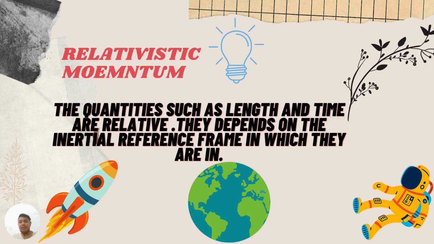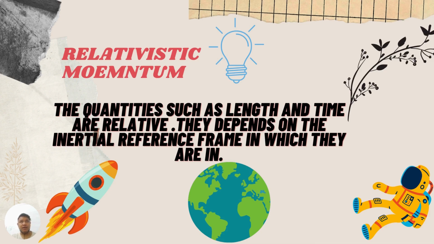Previously, we saw that certain mechanical quantities that describe an event or an object are relative, and two examples are time and length. That means time and length are quantities that are different in different inertial reference frames.